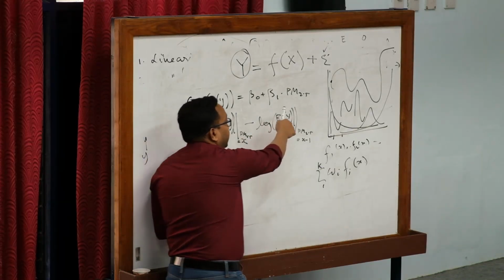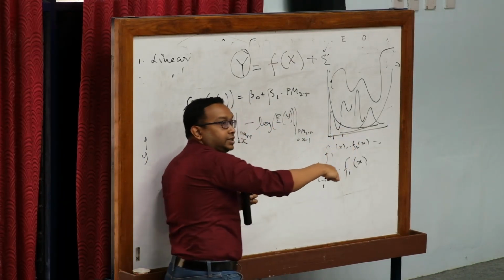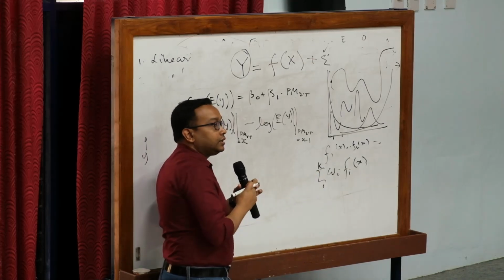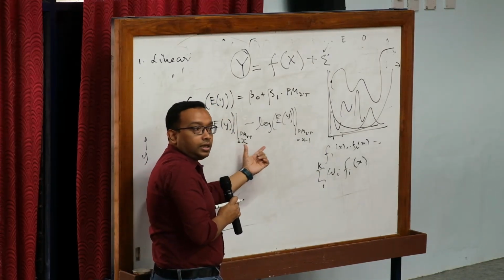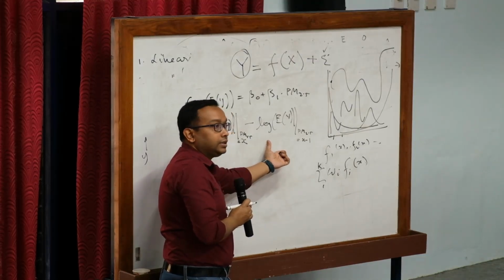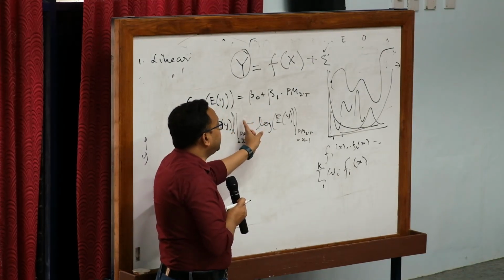If PM 2.5 is x versus x minus 1, then you get some average number of deaths at PM equals x and some average number of deaths at x minus 1. Now if I subtract them, what do I get?